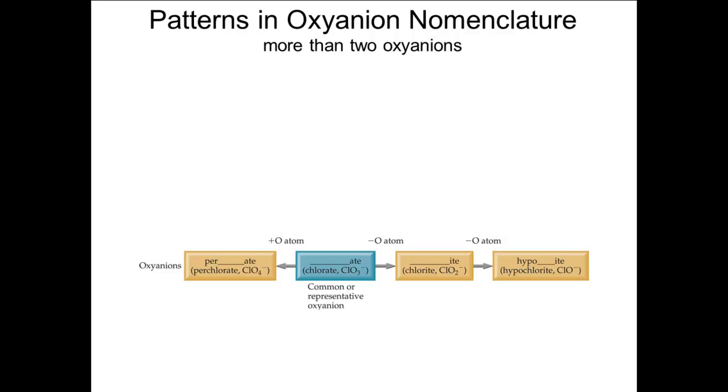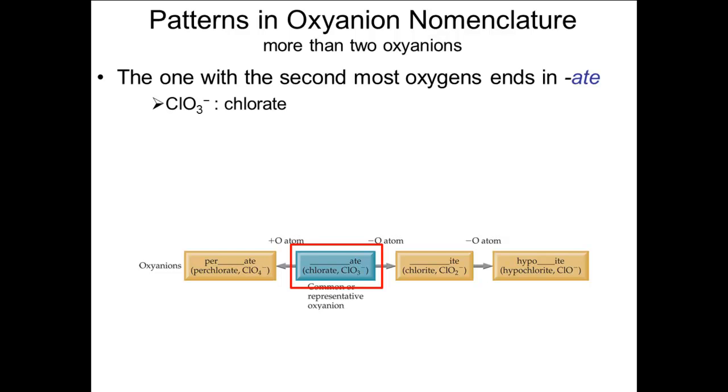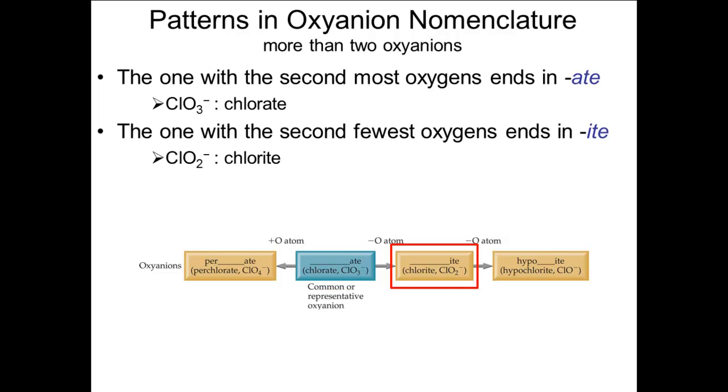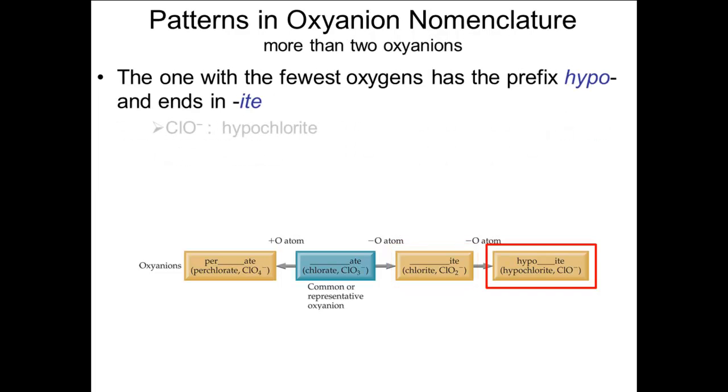When we have more than 2 oxyanions, the foundation is still the ATE ion, which has the second most oxygen atoms. The ITE ion still has 1 less oxygen than the ATE ion. The prefix hypo is added to the ending ITE for the ion with 2 fewer oxygen atoms than the ATE ion.